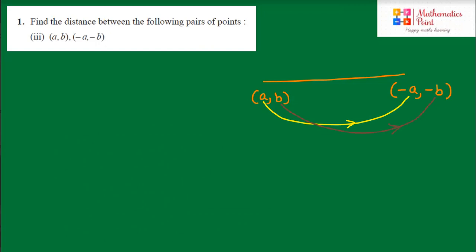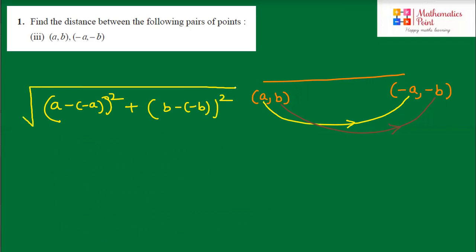Let us do it. So, how does it work? The first coordinate is a, and we are supposed to subtract minus a. So we get a minus minus a whole square plus b minus minus b whole square under the square root.